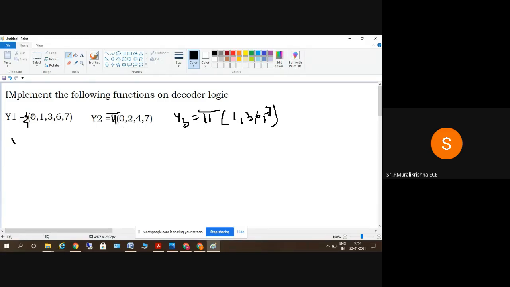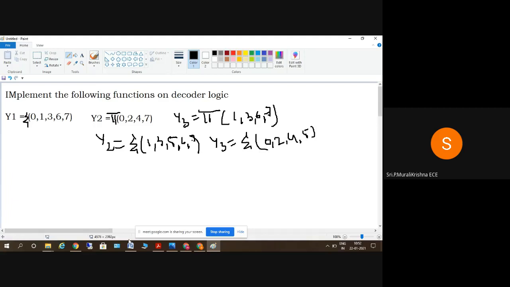Getting my point? Whenever we have the minterms, the remaining terms are maxterms, and when we have maxterms, the remaining terms are minterms. You can check the previous recordings. So y1 is fine. y2 is equal to sigma of 1, 3, 5, 6. Okay, y3 is equal to sigma of the remaining terms: 0, 2, 4, 5.